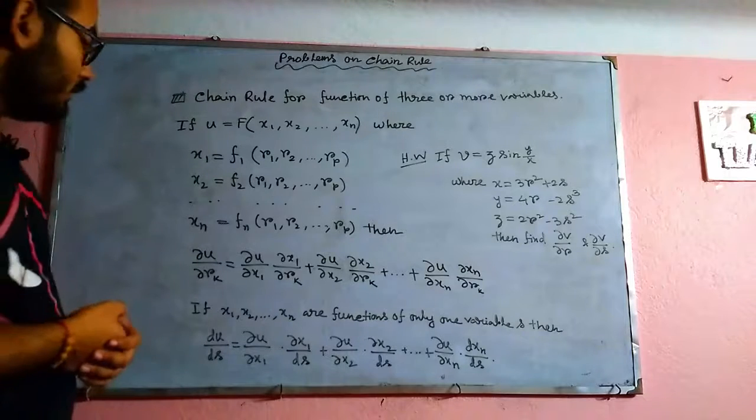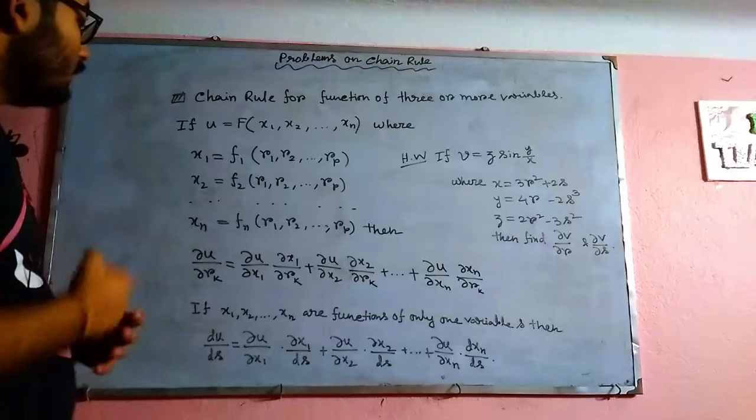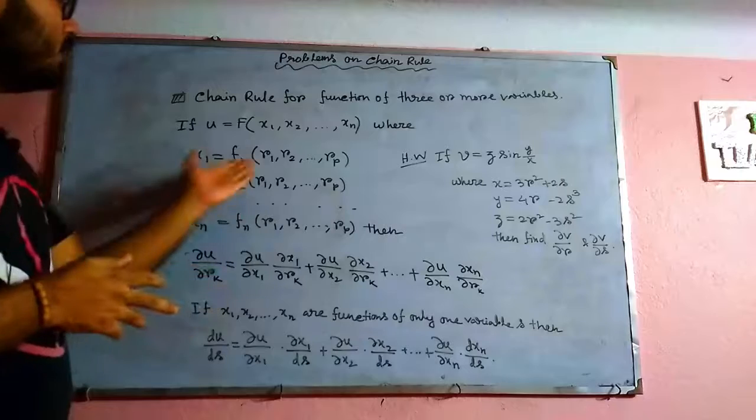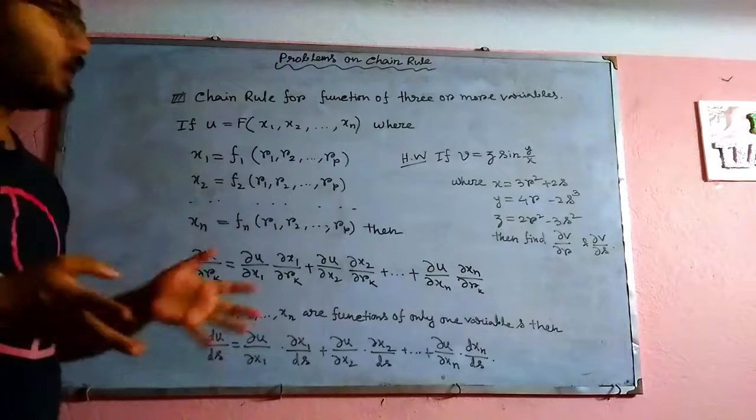Then u is ultimately a function of these variables r1, r2, rp.